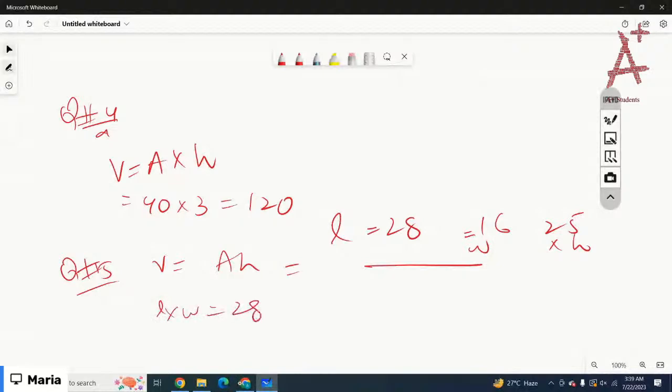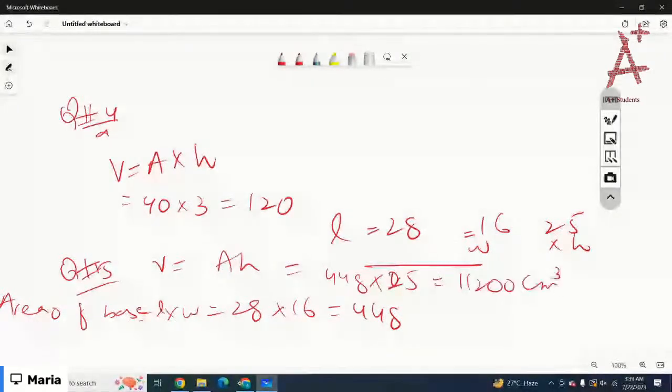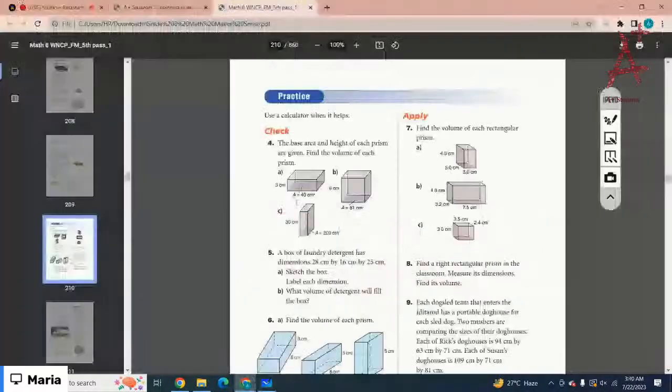That would be 28 times 16. That is the area of the base actually. This one is 448. So to calculate the volume, just do 448 times 25. So it would be 11,200 centimeter cube. Got it? The correct option is 11,200 centimeter cube.